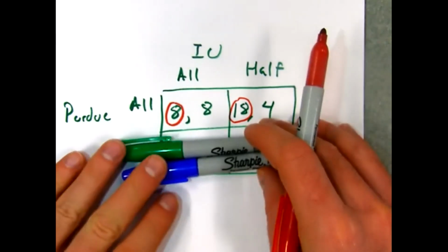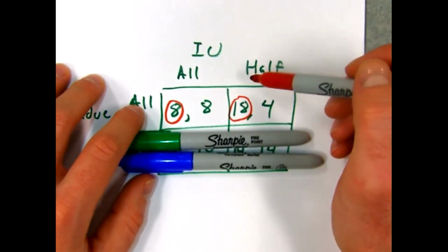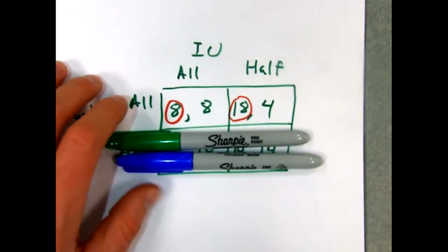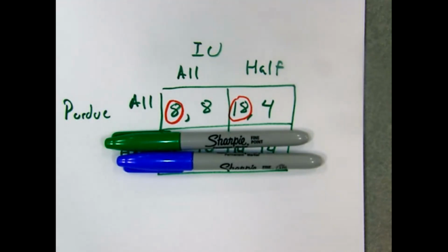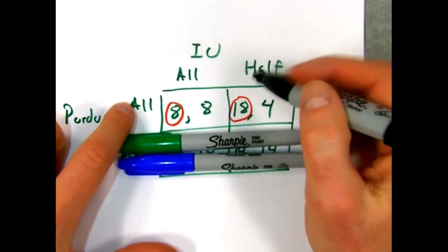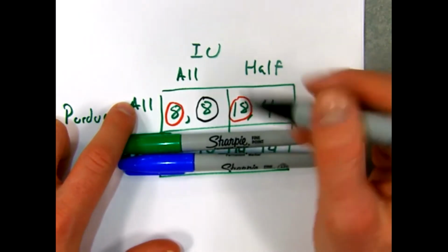I kept the numbers symmetric, so it's easy, but we would then go through the other team. If Purdue chooses to put all of its games on, what's IU's best response, all or half? If it helps to do this in 2 colors, because you'd always have 2 colors or 2 circles for each player, you could do that. So here, if Purdue's putting all their games on, it's optimal for IU to also televise all their games.